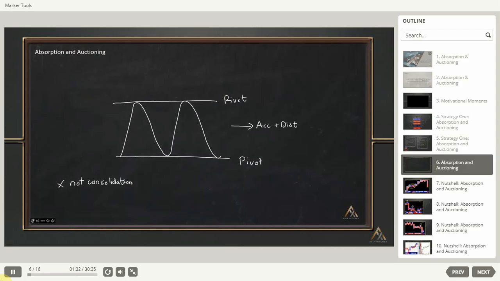We noted the key difference between accumulation and distribution and consolidation was very simply the volume and the delta exchange. In other words, in accumulation and distribution, we tend to see a much higher relative amount of volume being traded versus the consolidation.